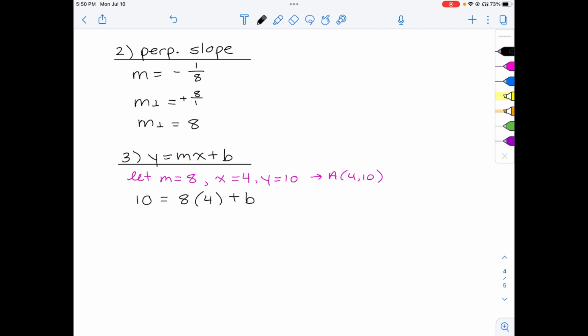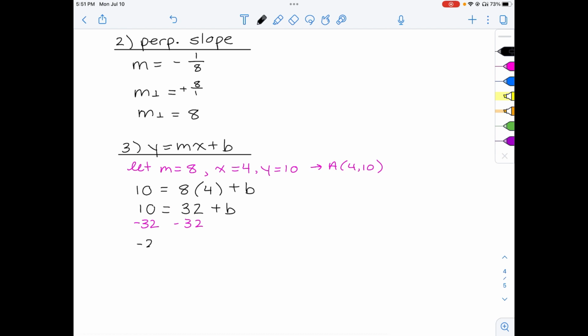And then we are evaluating, simplifying, isolating. So this will be 10 is equal to 32 plus b. And then we want to isolate b, so we're going to subtract 32 on both sides. And that gives us b is equal to -22.